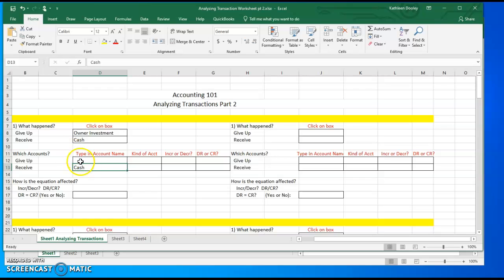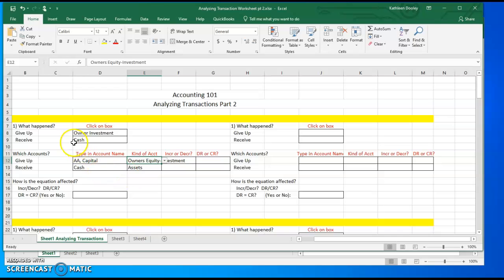So we got cash for the received and Amanda Adams, comma, capital for the account name for the give up, which matches owner investment. Okay, so what kind of accounts are these? Cash is an asset because we own that checking account, and this is owner investment.